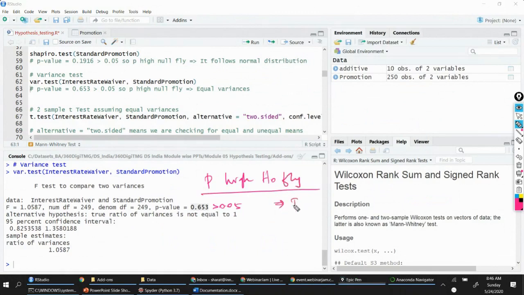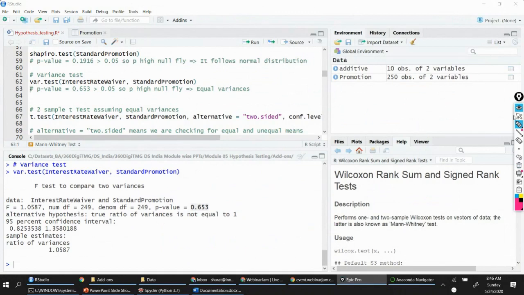This basically implies we fail to reject the null hypothesis. That basically says that go with null hypothesis. Your null hypothesis condition is correct. It says variances are equal. Right? Variances are equal.